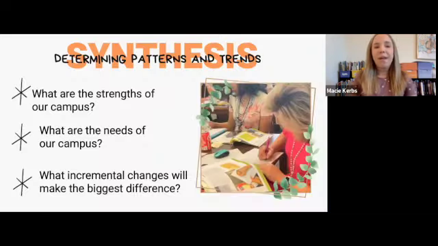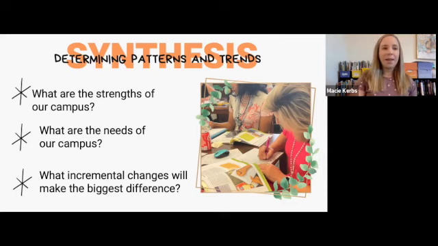So from all of that, we synthesize to determine some patterns and trends. We're going to think about what the overall strengths of our campus are. Like I said earlier, the kindergarten team does play-based learning in a way that's meaningful, not just go play in a play center, but really incorporating some of these fine motor skills. We really think about a lot of different types of learning needs.